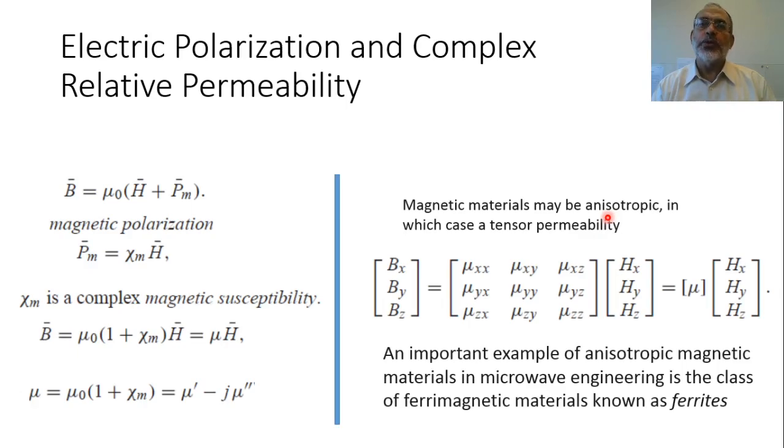In addition, it has a contribution in z direction. Effectively, this tensor permeability or anisotropic magnetic material is very important in microwave engineering, in ferrimagnetic materials known as ferrite, and we have a complete chapter in this book about ferrite material with this anisotropic permeability.